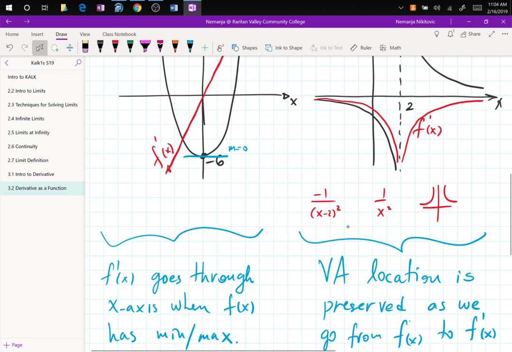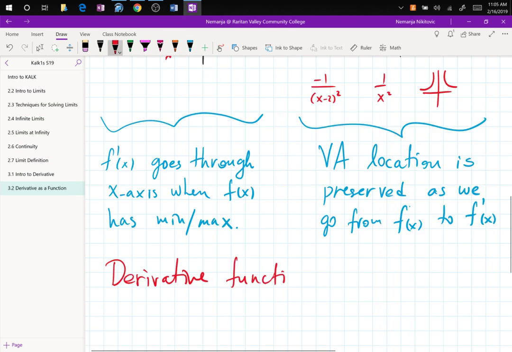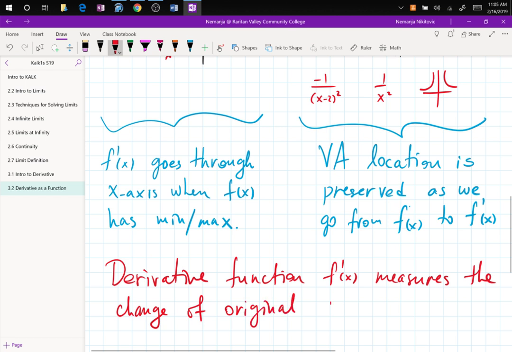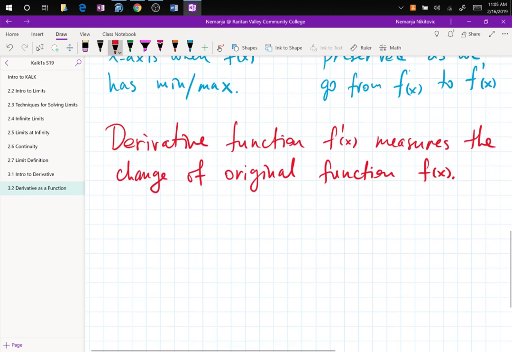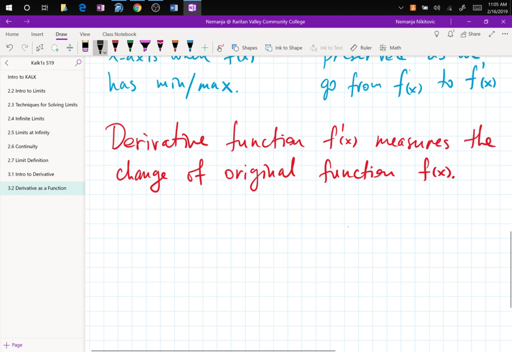Now, the derivative function f prime of x measures the change of the original function, which is f of x.